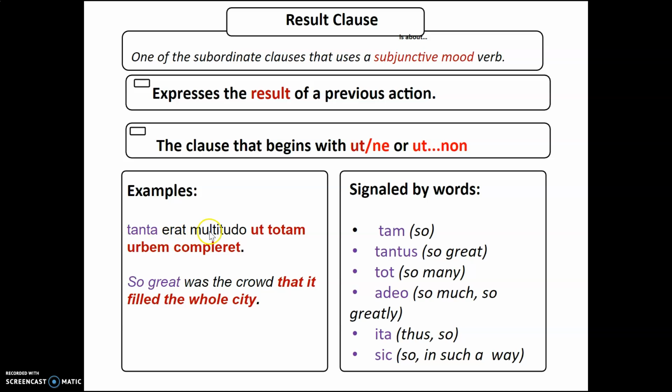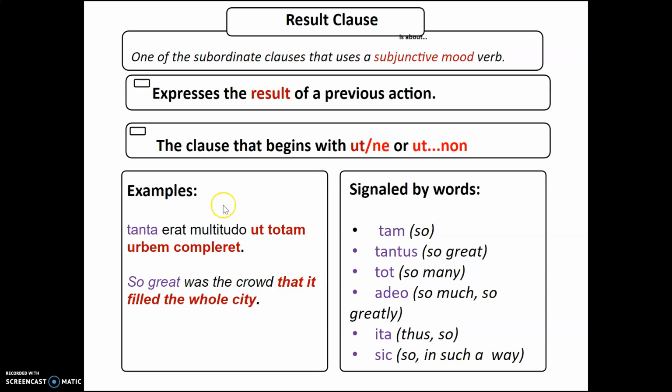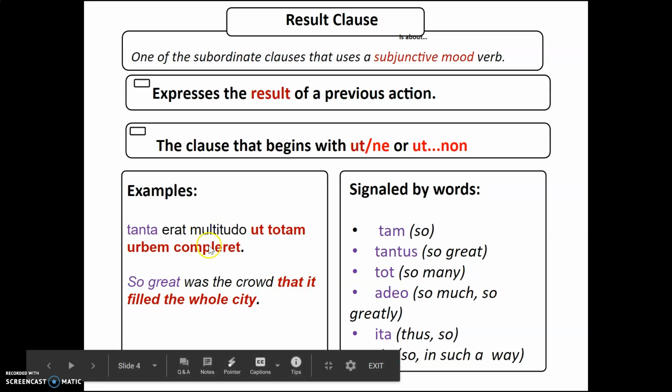Tanta erat multitudo ut totam urbem compleret. My signaling word here is tanta, meaning so great. And it translates as so great or so large was the crowd, ut, that, compleret, it filled the totam urbem, the whole city.